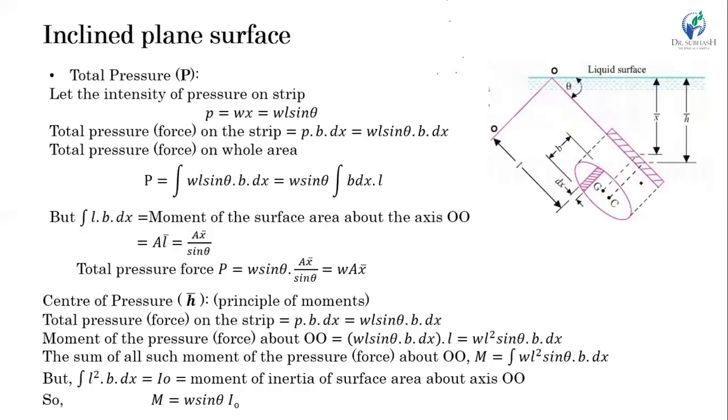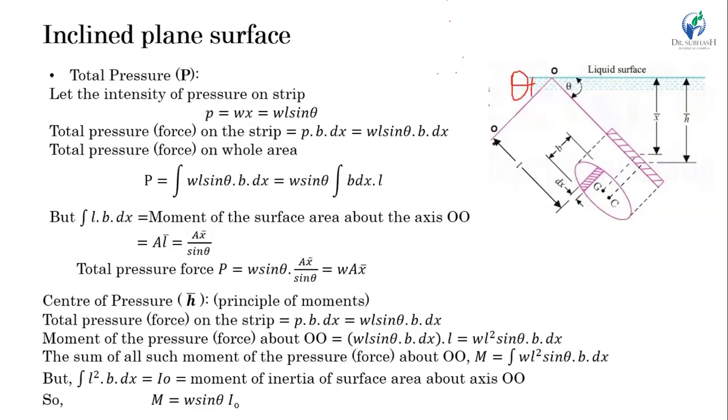Here we have to make some changes, because when we take the moment of any surface area, we have to consider the perpendicular distance of this surface. For the perpendicular distance we have to consider another axis, axis OO, which is exactly perpendicular to this surface, and it again has inclination theta with the free surface of liquid.